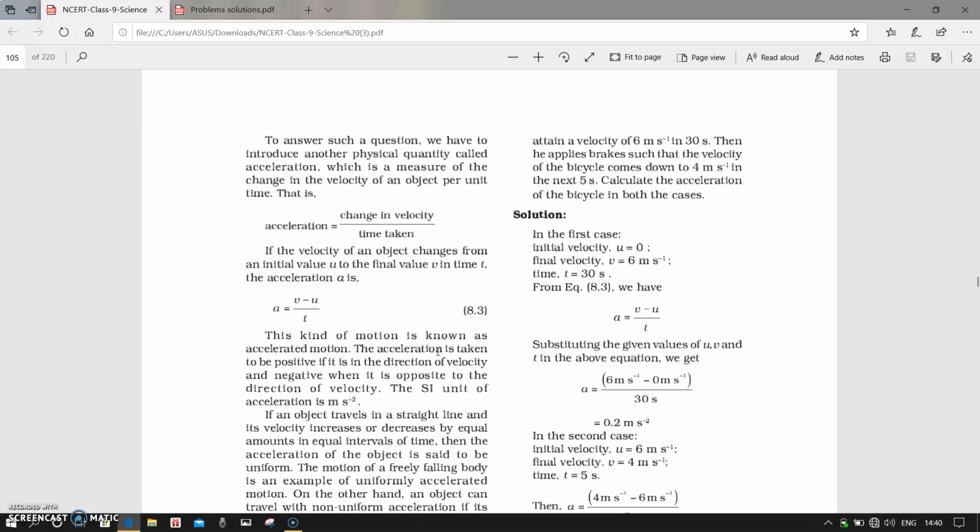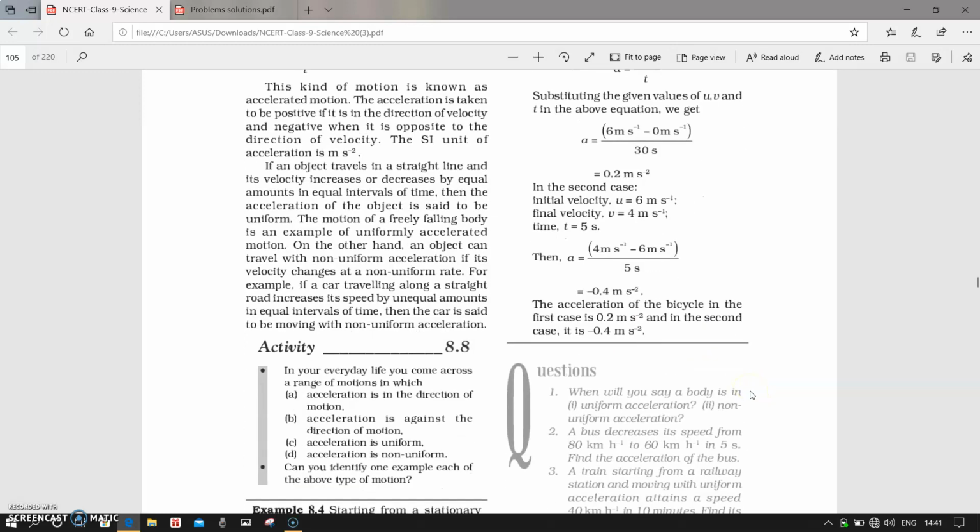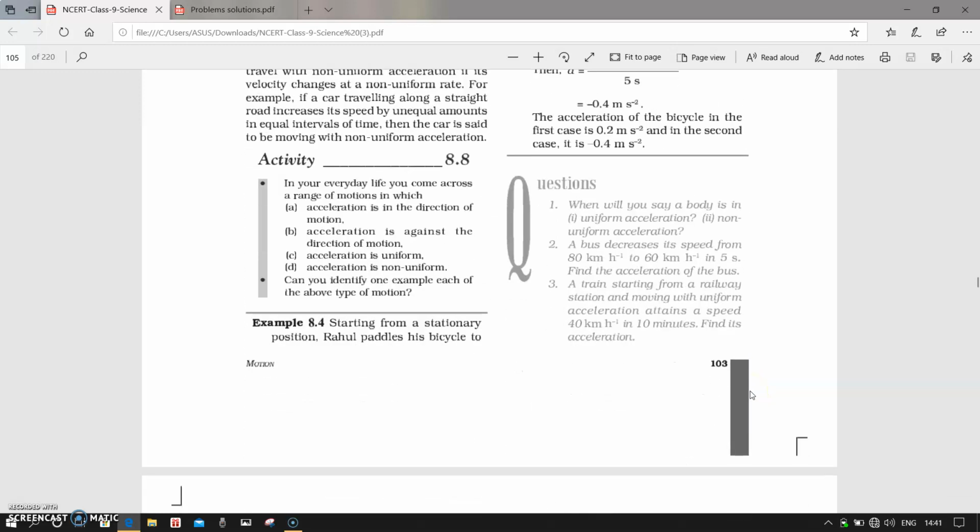Deceleration means the body was at a higher speed, then maybe the brakes are applied, it slows down, and finally it may come to rest. After all, the speed decreases. When this happens, it is deceleration. We have solved a lot of problems. I hope you have solved all the problems I have given. Try as many problems as you can.